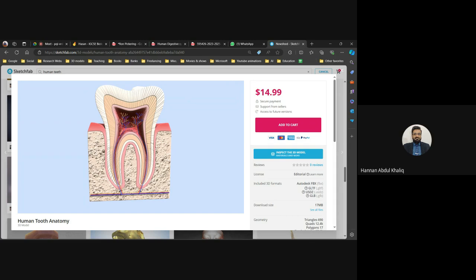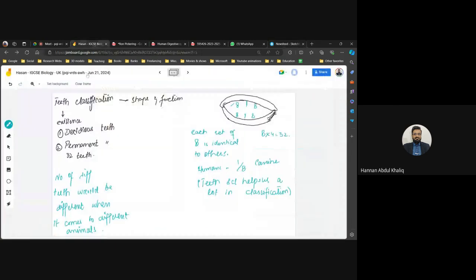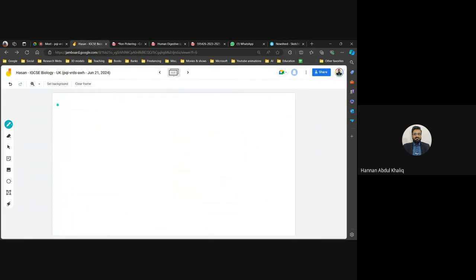Got it? Yeah. So let's have a look at how the pH could be affecting it. Remember that enamel is affected by lower pH. Lower pH means acidic pH.